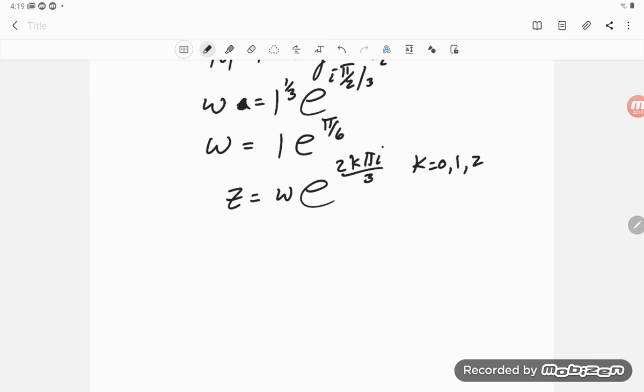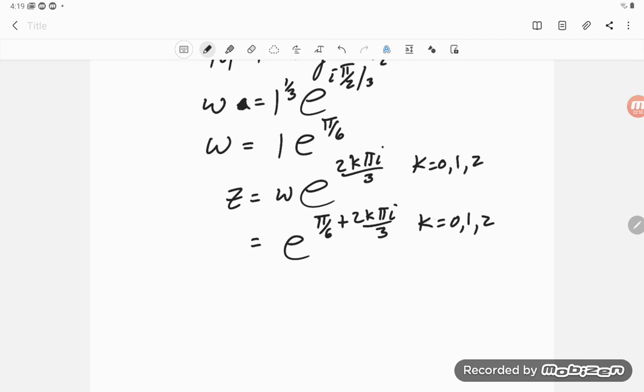Okay, so that is just a 1, so that's nice. And so that's e to the pi over 6 plus 2k pi i over 3 for k equals 0, 1, and 2. So now, I can just put in the 0, 1, and 2 if I wish.